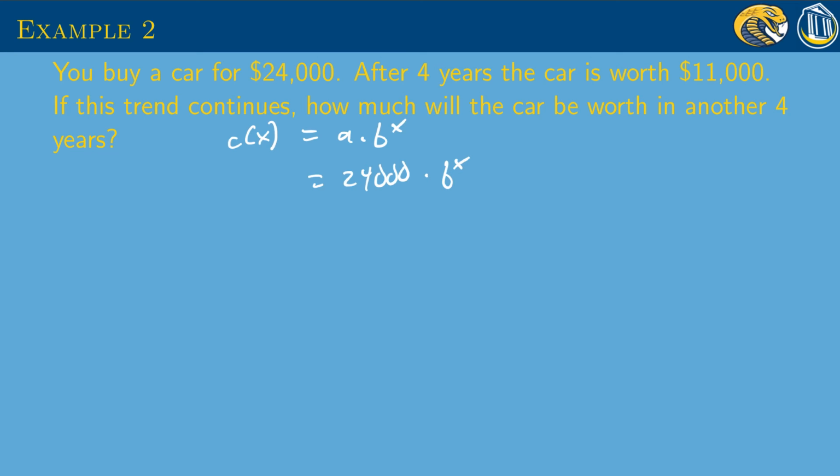Once again, we're going to use the information in the problem. After 4 years, it's worth $11,000. So we could write c of 4 is 24,000 times b to the 4, and this equals $11,000. We're going to simplify the same way as before, trying to get b by itself.